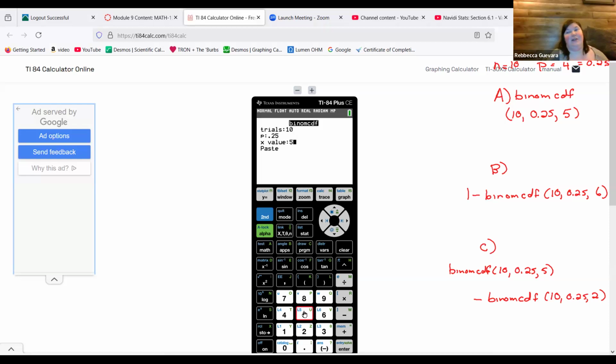So that was going to be 5 or less questions. So the probability that I would get a failing grade, so that was less than 60, correct? Less than 6. That probability.